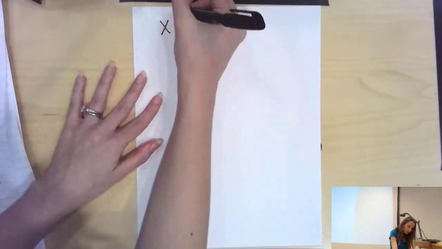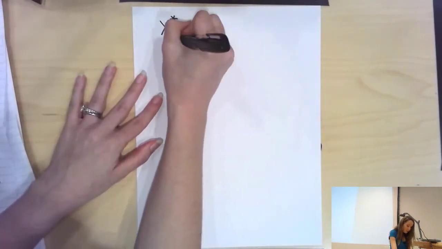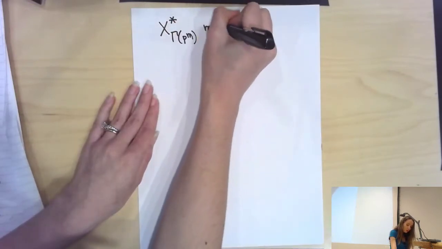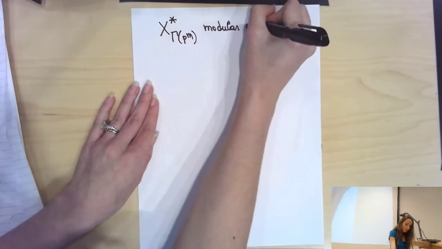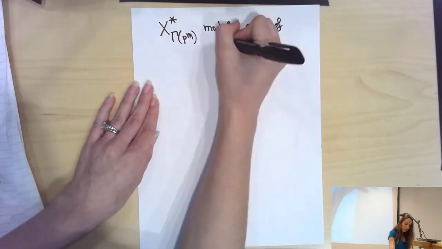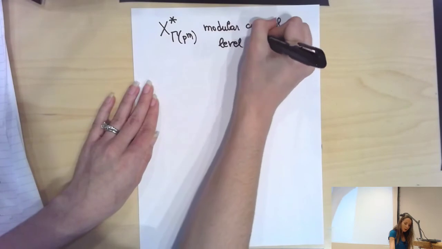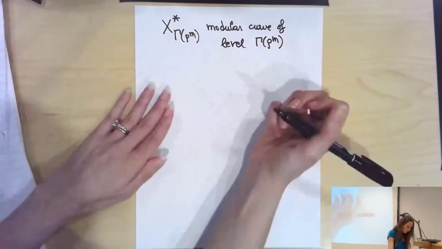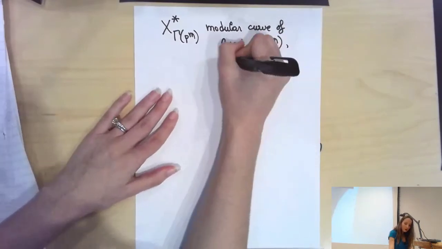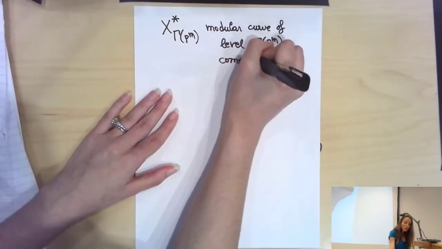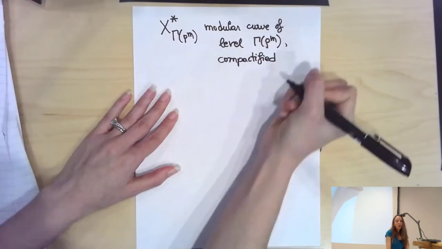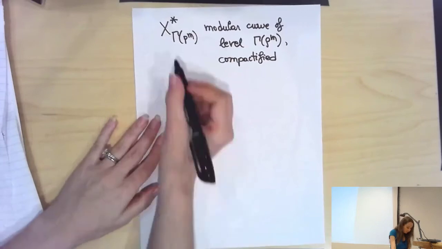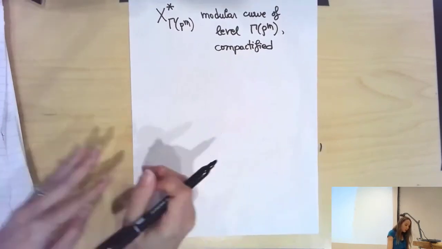So I'm going to take X*(Gamma(p^m)) to be the modular curve of level Gamma(p^m), but compactified. And the way you compactify it is just by adding cusps. In the higher dimensional case, this would be the so-called minimal compactification, that's singular. It's the one that we want to consider here. But for modular curves, we're just adding cusps.